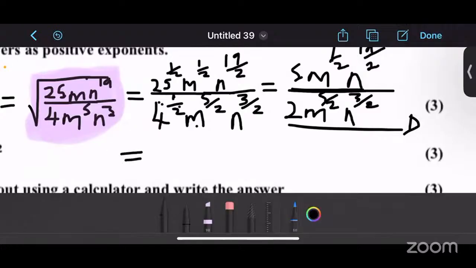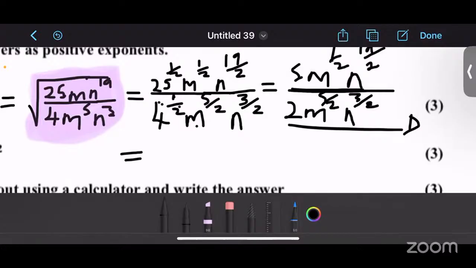So I wrote the square root of 25 over 4. And then, since the denominator has the most m's, m to the exponent 5 minus 1 gave me m to the 4. So then I also said the square root of m to the 4. You lost me. What do I write?